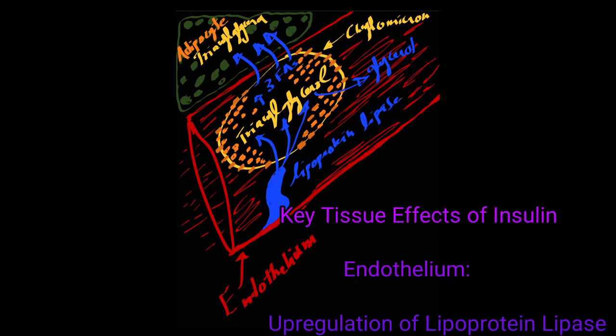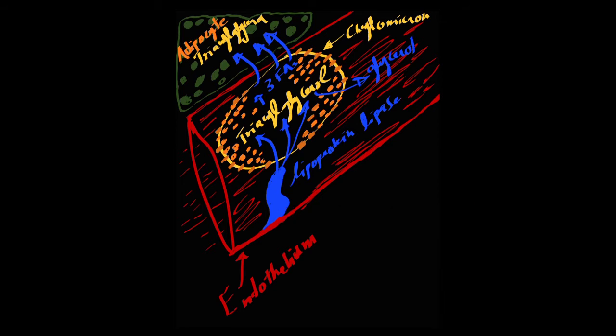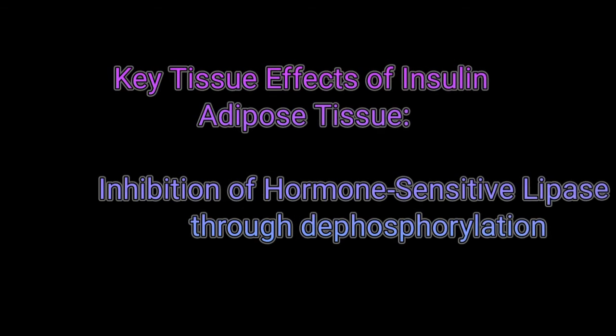And 2, insulin will inhibit hormone-sensitive lipase present in adipose tissue. The insulin effects on these 2 lipases will play a significant role in the development of dyslipidemia associated with insulin resistance.